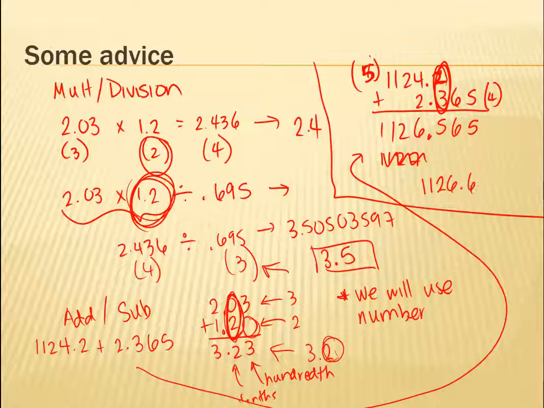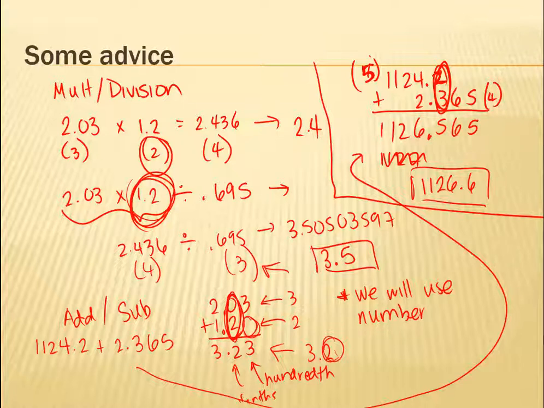There we go. So this would be the correct answer. So it's a little bit different than the rules for multiplication and division. We're looking at number places, not sig figs per se, although sig figs, of course, are important.